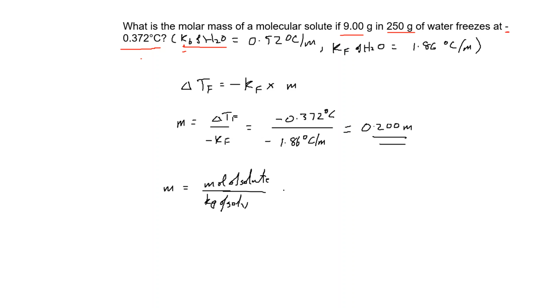So to find the moles of solute, that would be equal to the molality times the mass in kilograms of solvent. So what I have to do here is put the numbers in. The molality we calculated to be 0.200. Now the M unit here can be expressed as moles per kilogram, right?